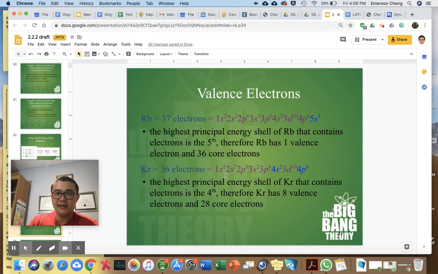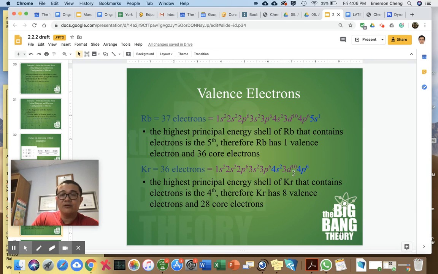So for the valence electrons, this one, it is the highest principal energy shell, containing the fifth. So this one has one valence electron, and 36, now krypton. Krypton is the same thing. You have 8 valence electrons because of the highest principal energy shell. So we're talking about the biggest number, okay?